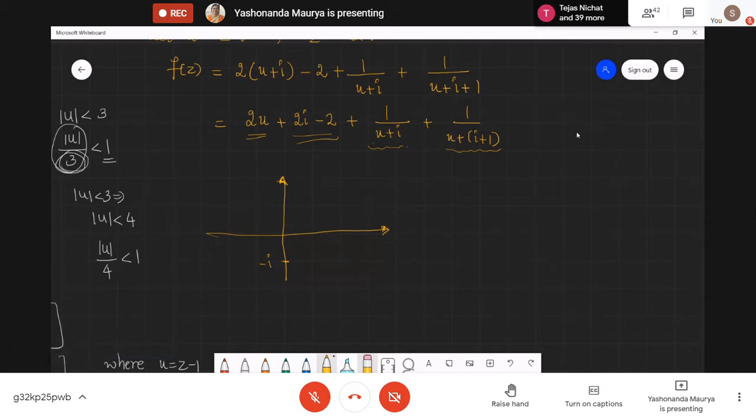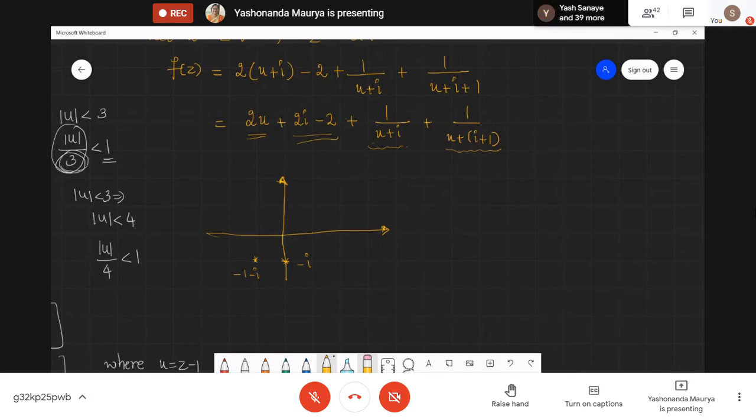Okay, and what about this point? It will be somewhere here, minus 1 plus i. Wait. This is the point minus i, and here this will be the point minus 1 minus i. So these are the two problematic points. Okay.